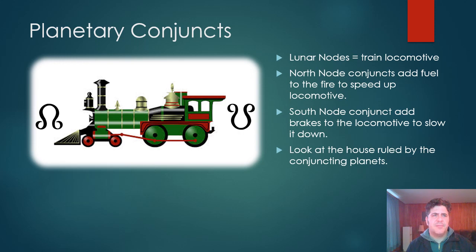I find that interesting with me having an Aquarius North Node and I have my Mars in Aquarius, and that Mars moves me towards my north node. Another thing I wanted to talk about is you want to look at the house ruled by the conjuncting planets. Well, my Mars rules the 5th house of children. So having children propelled me towards my north node.